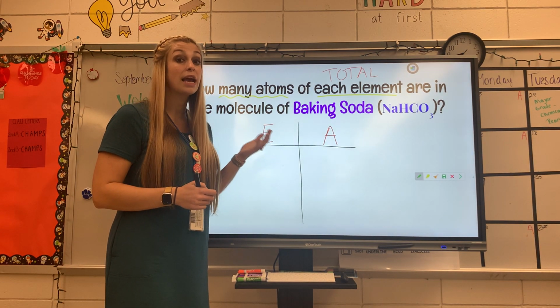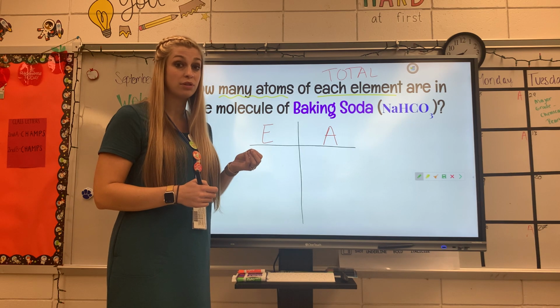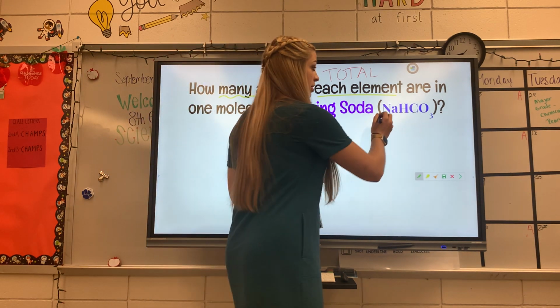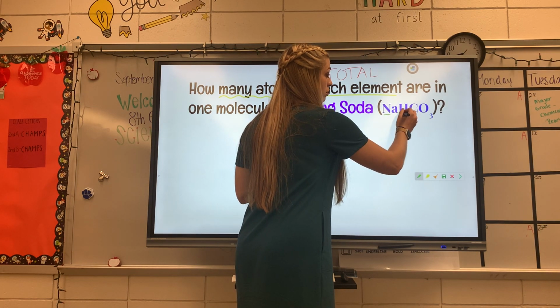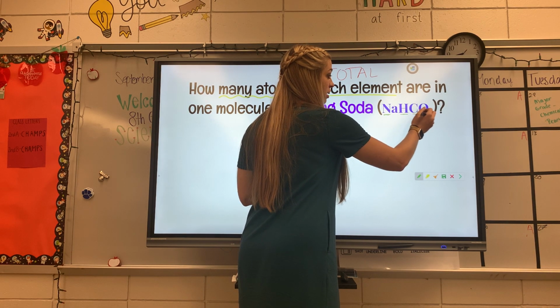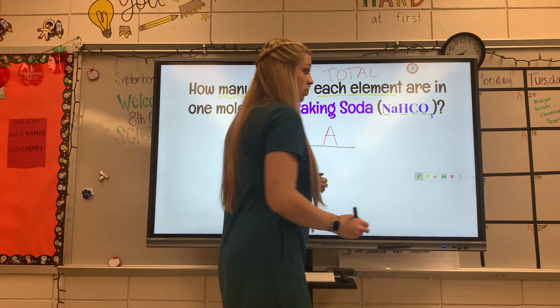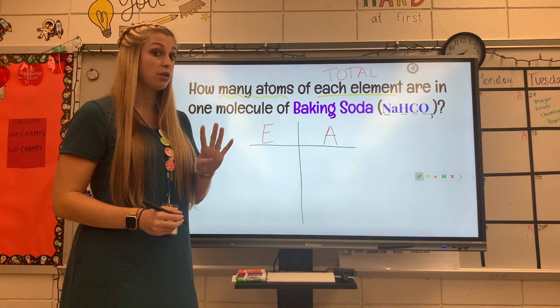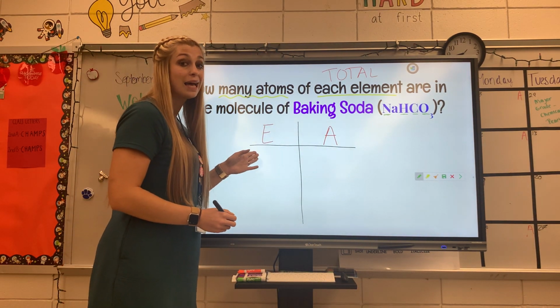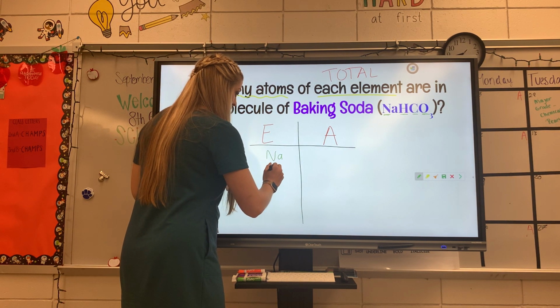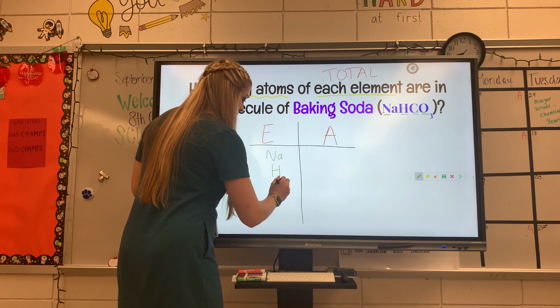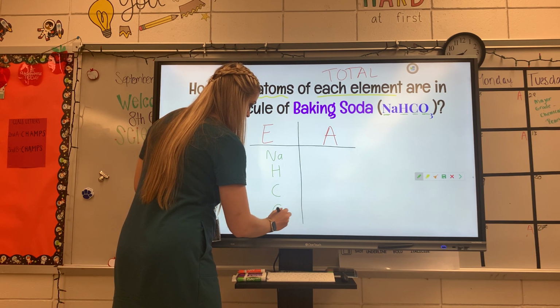I do that by looking at how many different capital letters there are. So here's 1, here's 2, here's 3, here's 4. So I have 4 different capital letters. I'm going to put them under the element side. Na, H, C, and O.